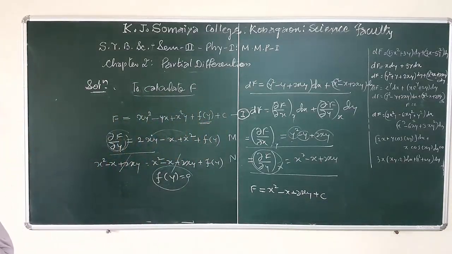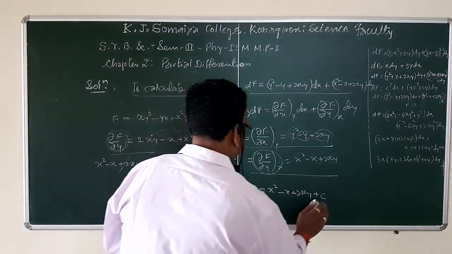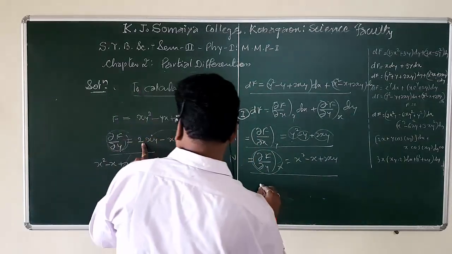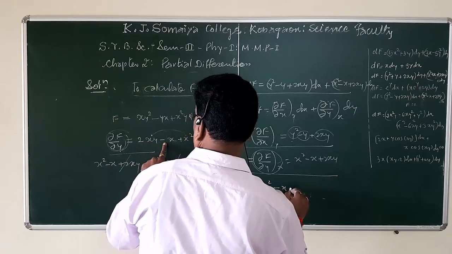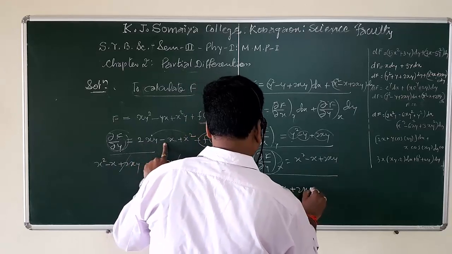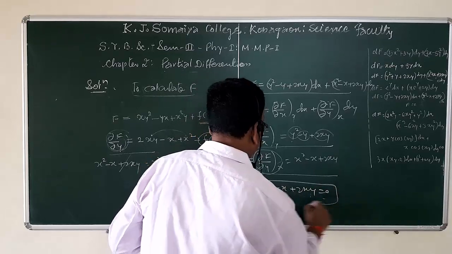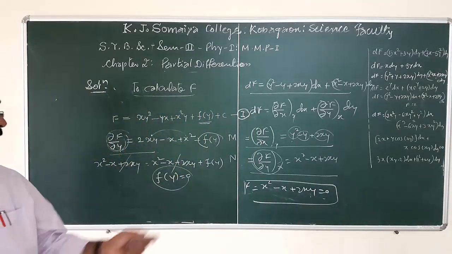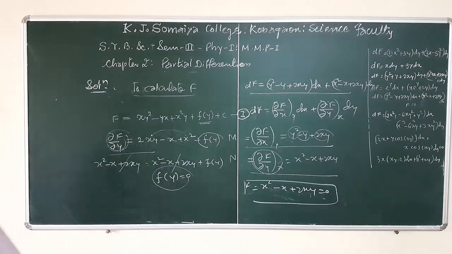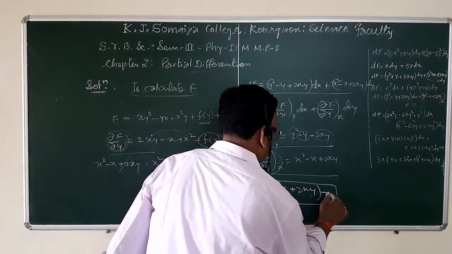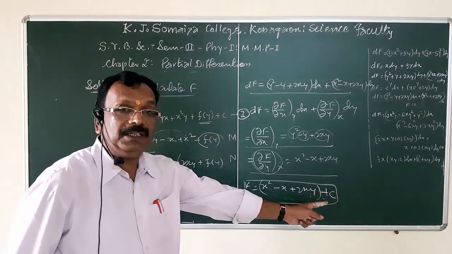Okay. Sorry, this one here, substitute x square minus x plus 2xy is equal to 0. This is the given function. In this way, we determine the function f, plus c, where c is the constant of integration.